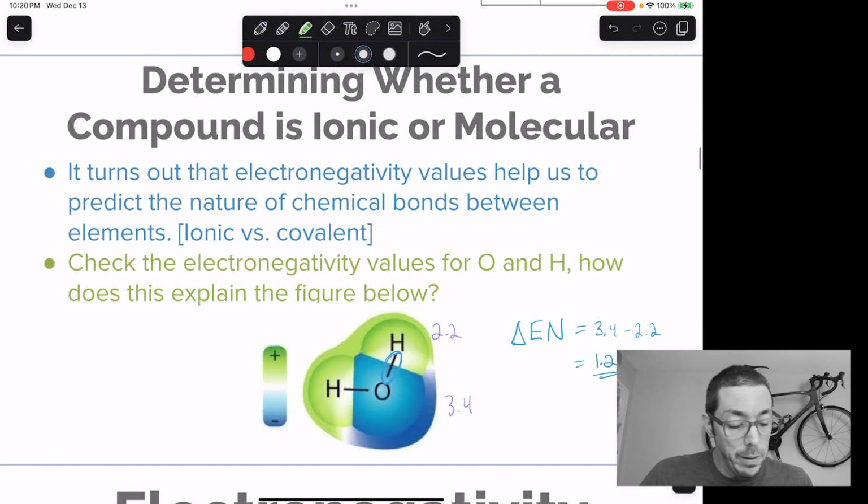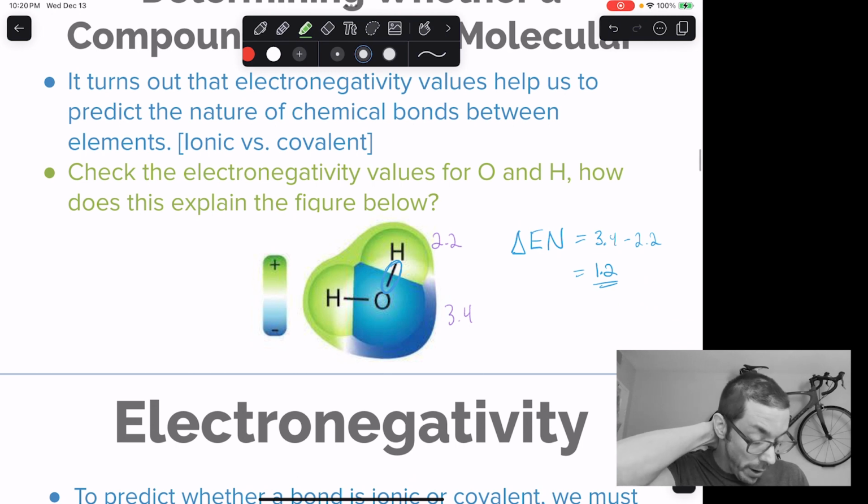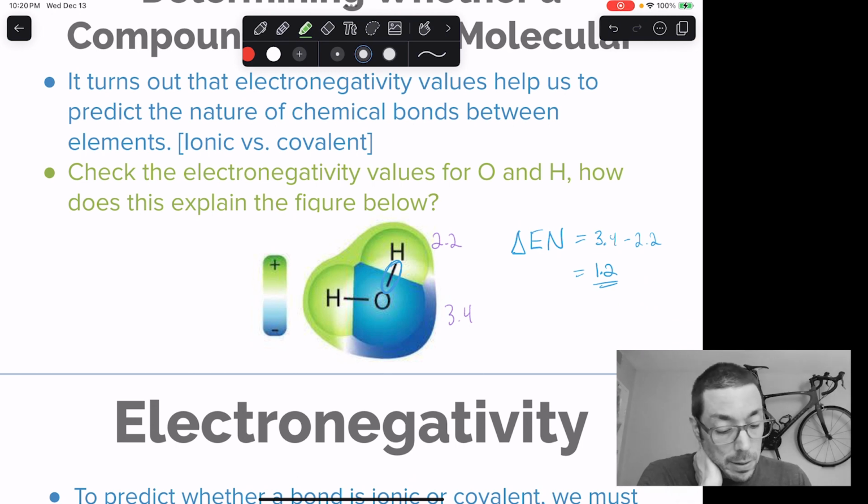So let's go back. We saw that the difference in values for water between O and H is 1.2, which is pretty high. It's not a crazy difference, but it is notably different. And we didn't really talk about this yet, these two colors.